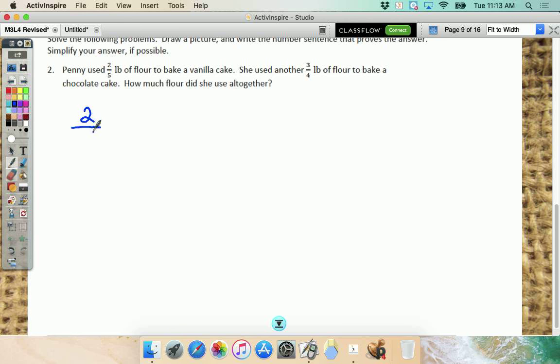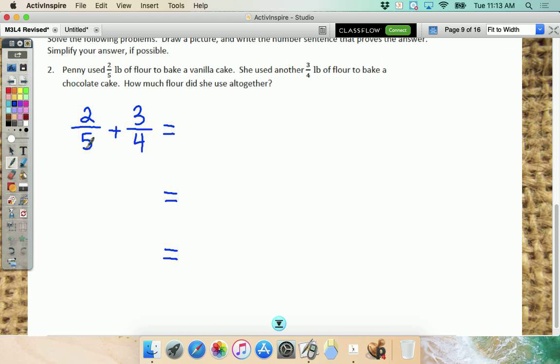So 2/5 plus 3/4. Let's take a look at that problem. Everybody write it down. Get your 3 equal signs. Now this one, you're going to get these memorized.